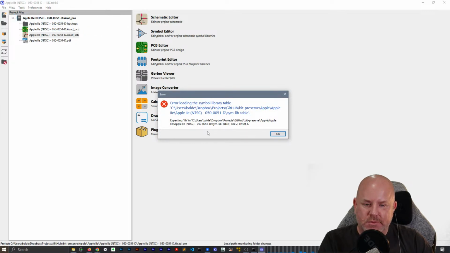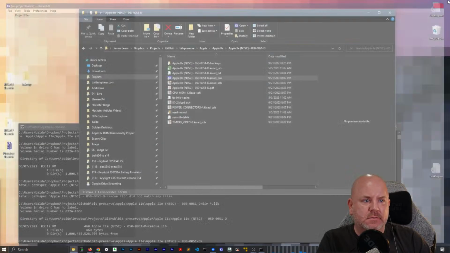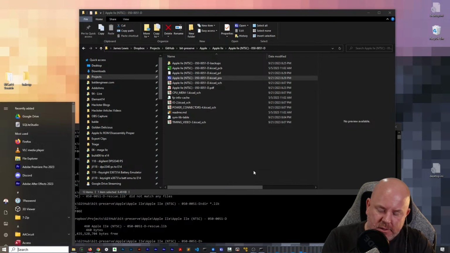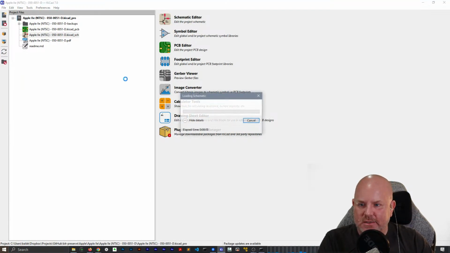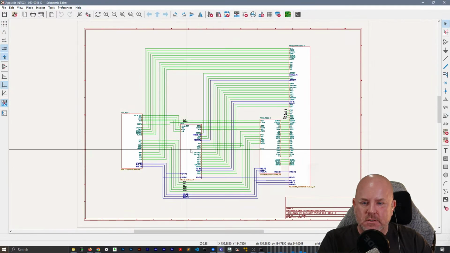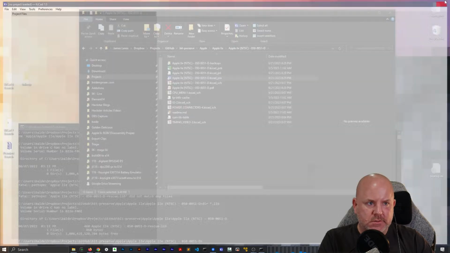Error loading the symbol table, blah, blah, blah. Oh, crap. That's why it errored out. I did it again. For some reason, my computer is defaulting to KiCad 6. I need to just delete it. Okay. Now I probably have to delete files again.